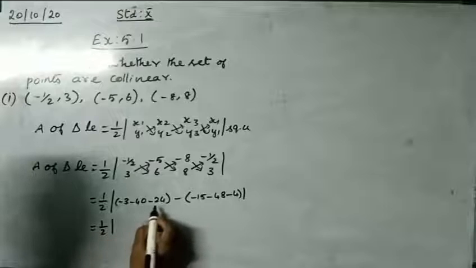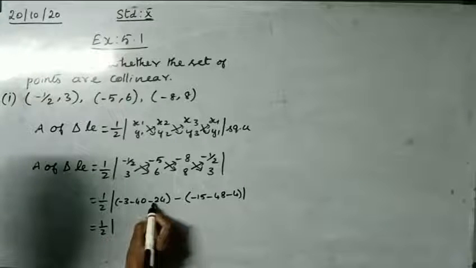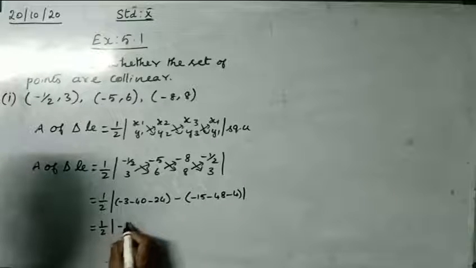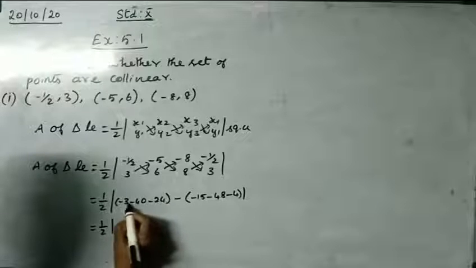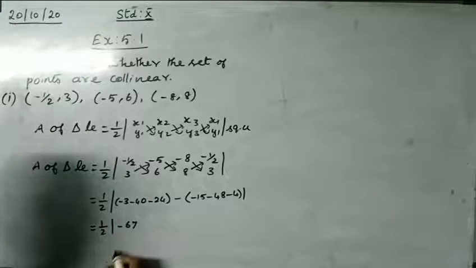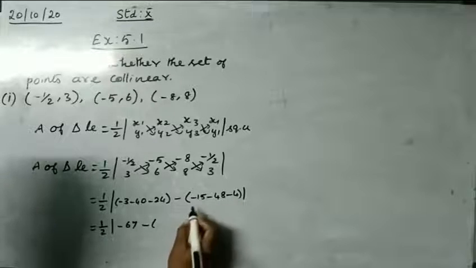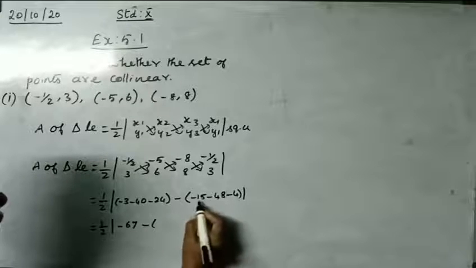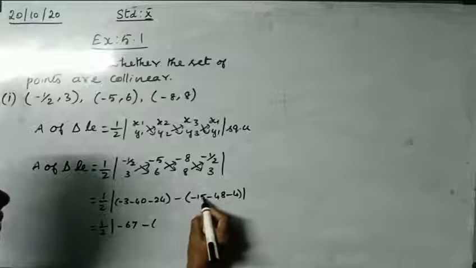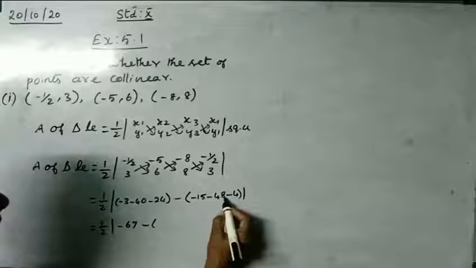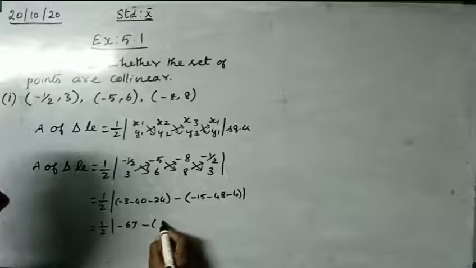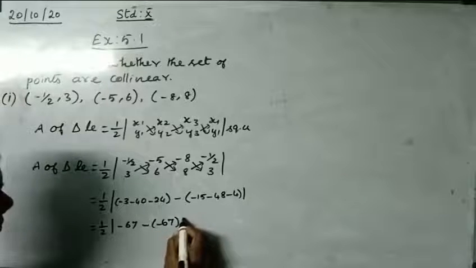So 1 by 2. Now add these three numbers and put a minus sign. Minus of 67. And here also all are minus numbers, so add all the three and write minus 67.